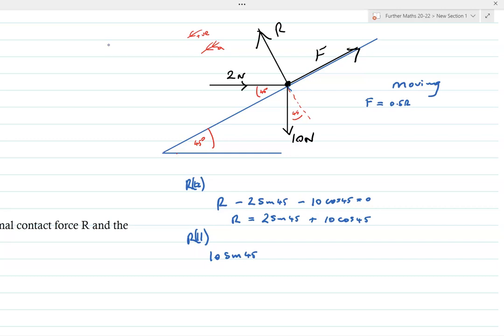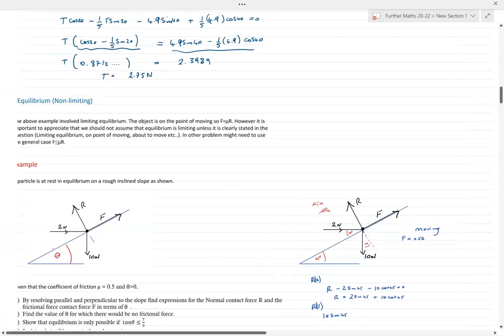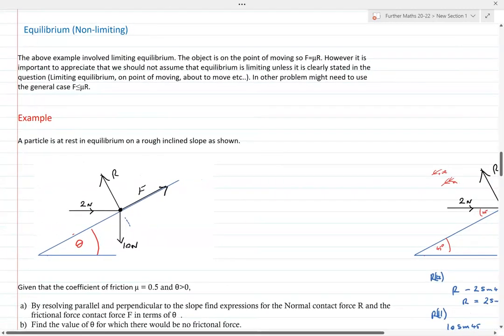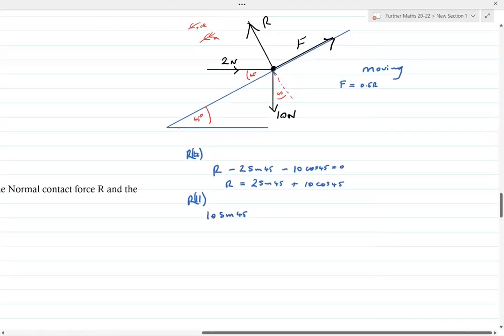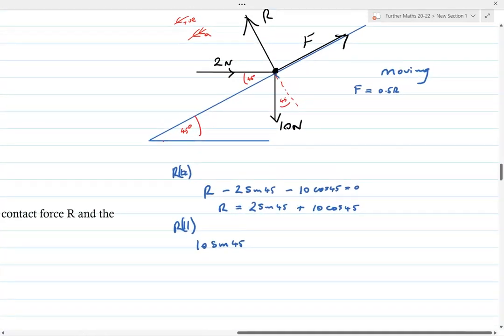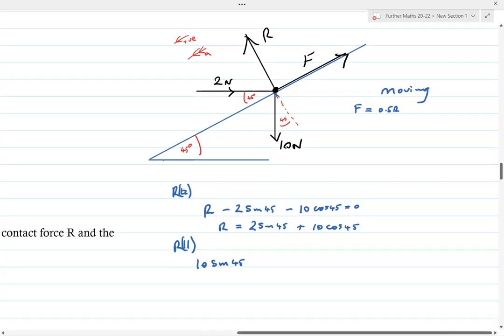So there's no g in our equation. That was our original diagram, 10 Newton force going downwards. It's not mass 10, it's weight 10. Anyway, so 10 sine 45 going down the slope. So going up the slope, which this time is negative, that's minus 2 sine 45.